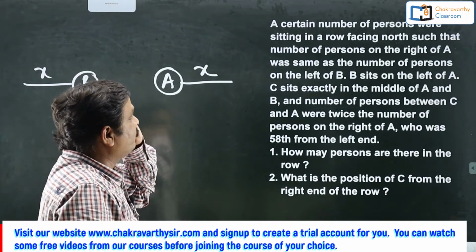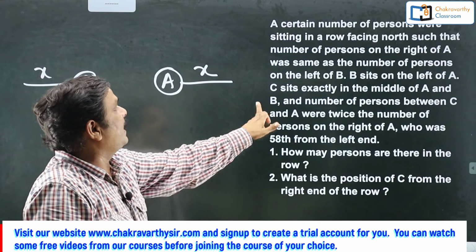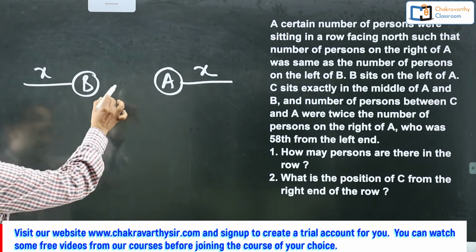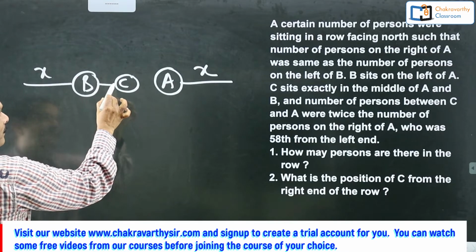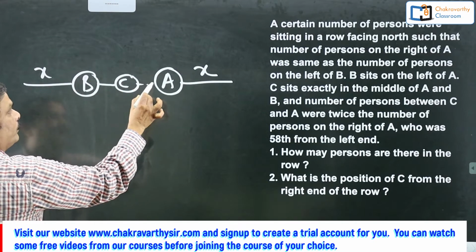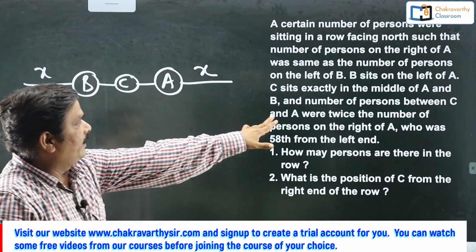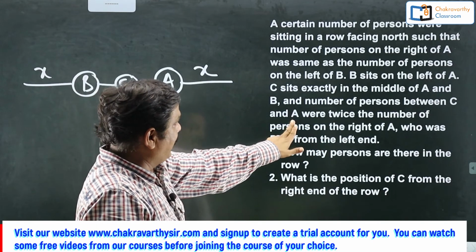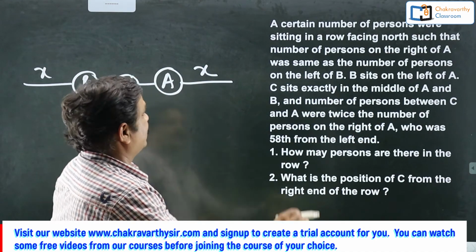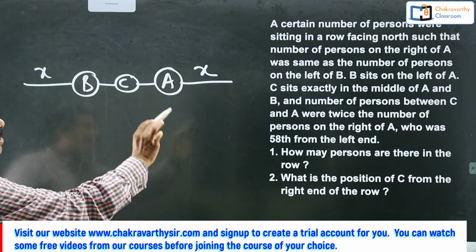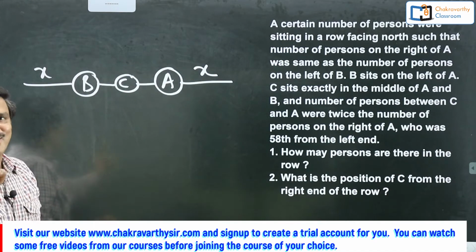B sits on the left of A. Then C sits exactly in the middle of A and B. Now you see, C sits exactly in the middle. That means the number of persons here must be equal to here. Alright, both are equal. Between C and A, and A and B. And the number of persons between C and A were twice the number of persons on the right side of A. One more clue they have given.